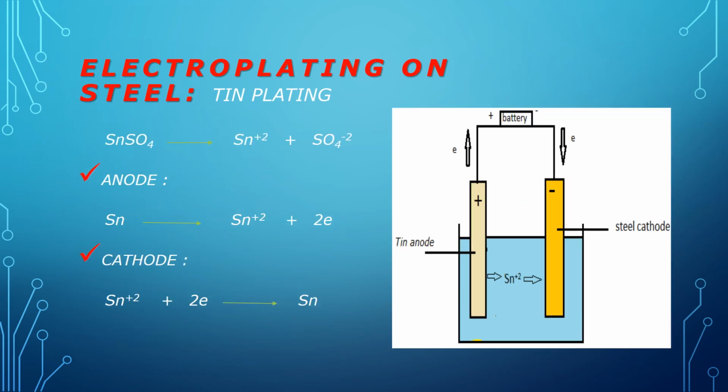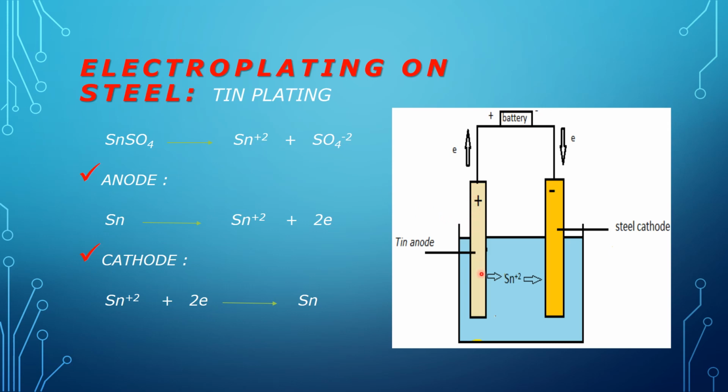These are the reactions taking place during electroplating tin. First, have a look how electrolyte will ionize in water. Stannous sulfate ionizes to produce stannous ions and sulfate ions. Now the reactions taking place at anode and cathode.